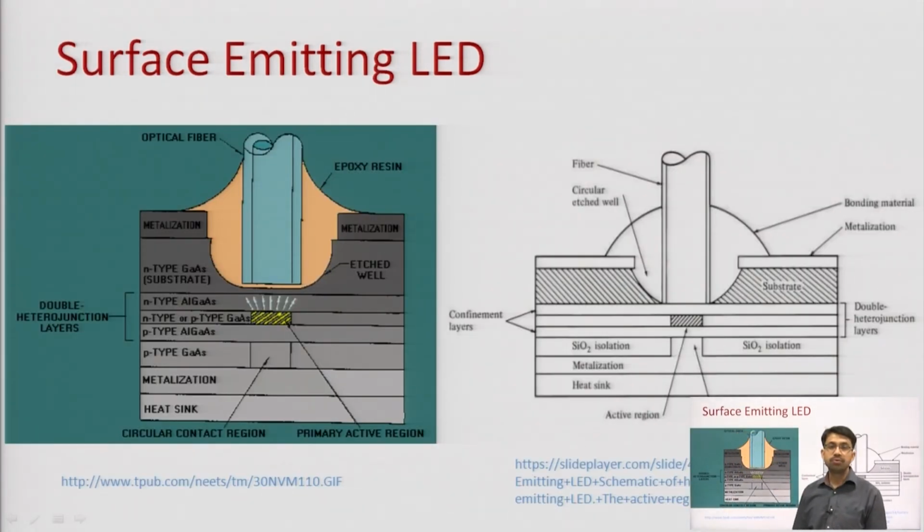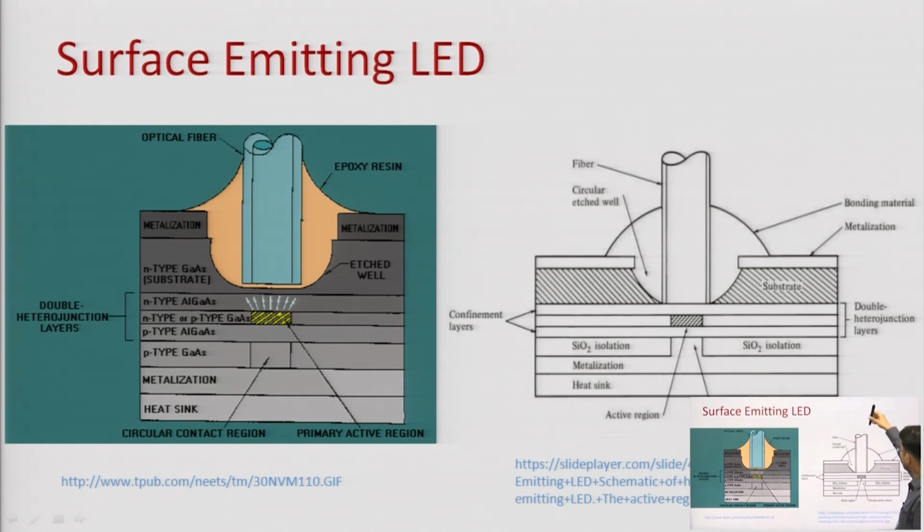Next, there are mainly two kinds of heterojunction LEDs. First is surface emitting LED and second is edge emitting LED. So this is the construction diagram of surface emitting LED, two diagrams showing the same thing. It is mainly used in optical fiber communication.